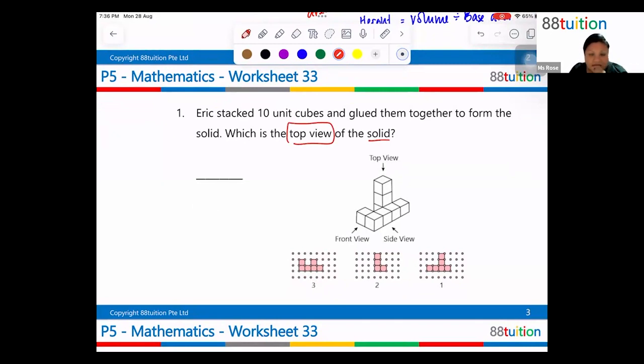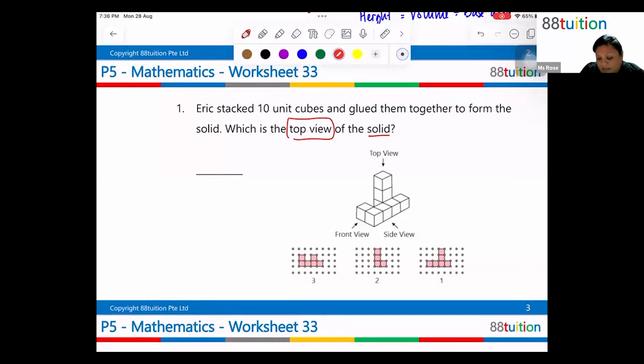So for this question, when we say top view, whether we say top view or side view, it is always from the front view. So you want to be able to find out what is the shape of the top view from the front view. So from the front, can you see that you have this 1, 2, 3, 4, 5, 6. Okay, so there's more of this than any others, because there is only 2 of the square.